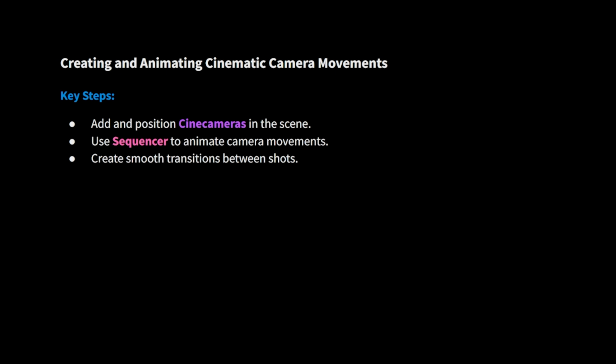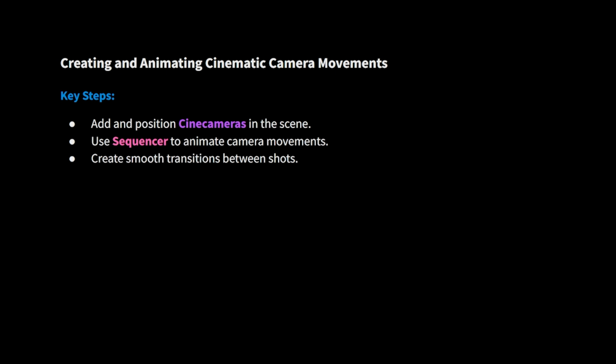With our animations and effects in place, it's time to set up and animate cinematic camera movements. You can add cameras to the scene and position them according to our shot plan. Using Sequencer, we will animate the camera's movement along the timeline. Select the camera, add keyframes at different points to set its positions, and create a path for the camera to follow. Smooth transitions between shots enhance the cinematic experience.